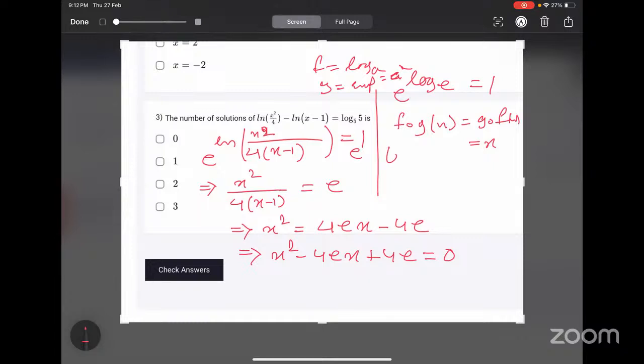So we have log a of a power x, which equals x. That means log a of a power x is x. Yes, ma'am.